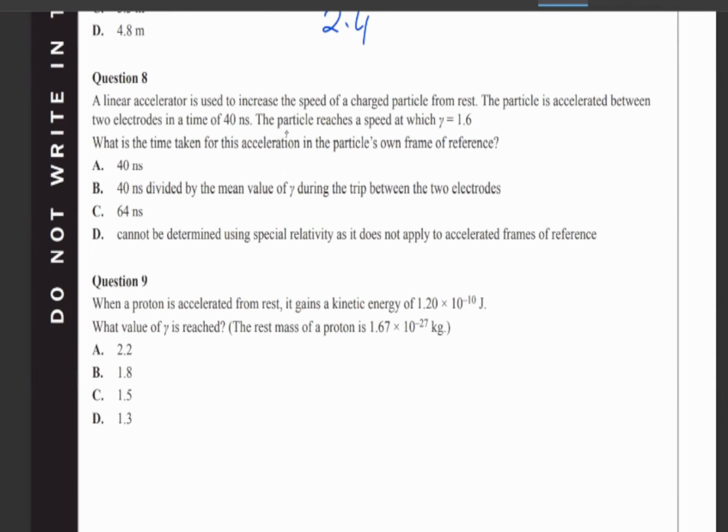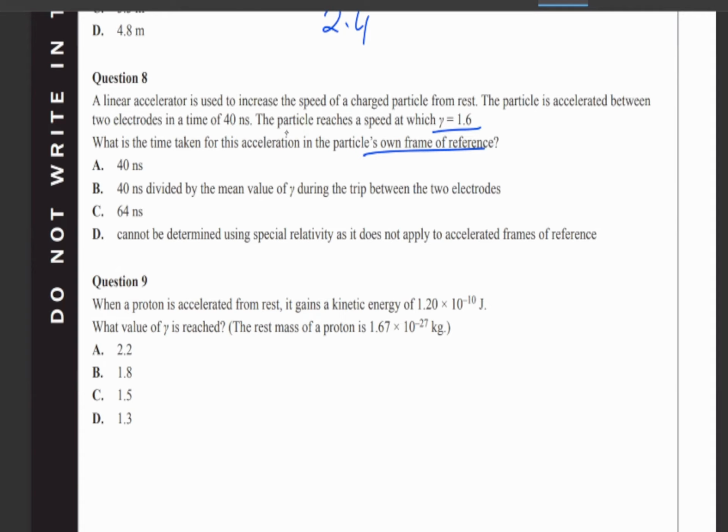Question 8. The time taken for the acceleration in the particle's own frame of reference. The linear accelerator is used to increase the speed of the particle. The particle reaches a speed at which this is this.